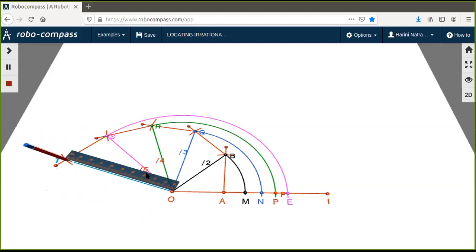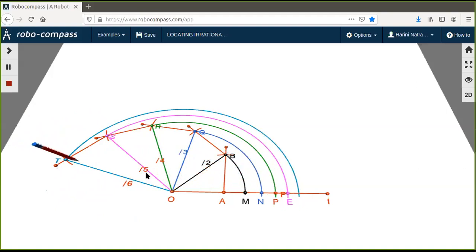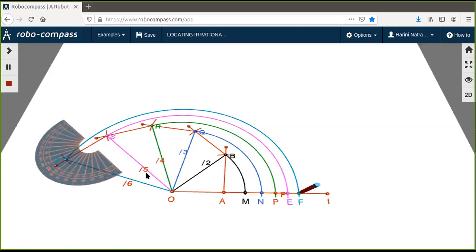So that hypotenuse is what I will bring down as root 6. So with O as center and with OT as radius, I'm going to drag and bring that radius onto the number line, and that point of intersection has to be marked. So that will represent your root 6.